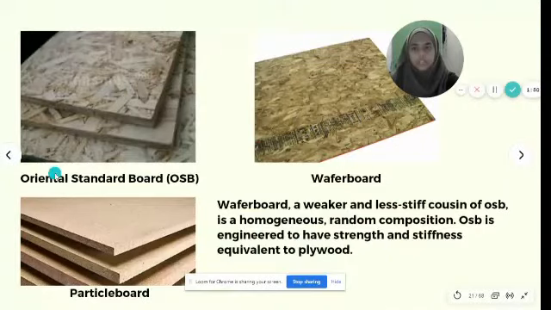First of all, this is the oriented strand board, OSB, this is the wafer board, and this is the particle board. Basically the difference between OSB and wafer board is that wafer board is a weaker and less stiff cousin of OSB, while OSB is engineered to have strength and stiffness equivalent to plywood.